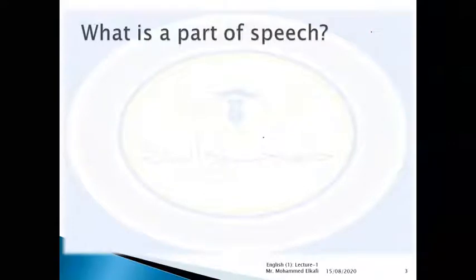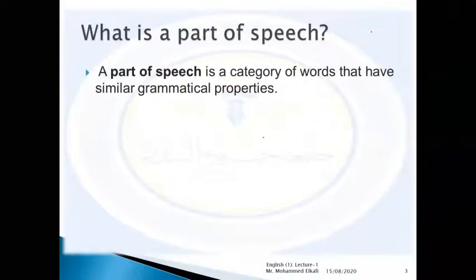When we say the parts of speech, what do we mean with a part of speech? A part of speech is a category of words that have similar grammatical properties. Okay?